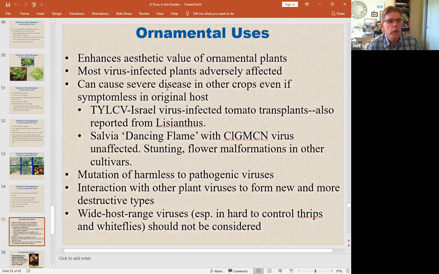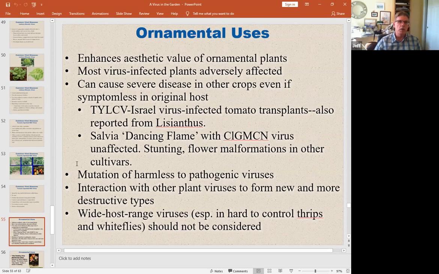So going on from there, another disadvantage to use, and you're not going to see perhaps that many ornamentals that are infected with viruses, but if you see things that look like they're infected with a virus in a nursery, sold in stores, I don't think so in stores so much, you might be a little suspicious and do an inquiry, because even harmless viruses can mutate.